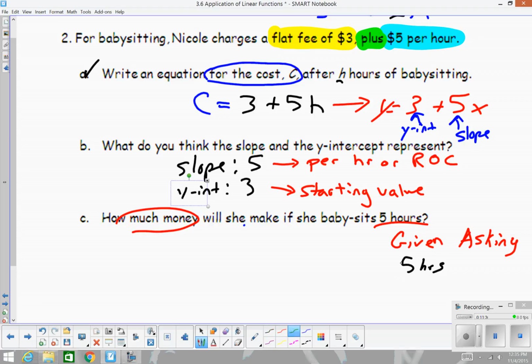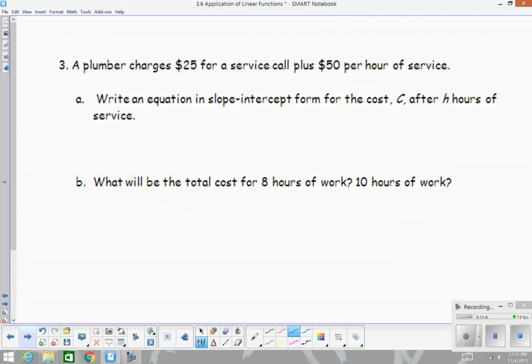What is it asking? How much money? So it's asking for the cost. Now, what I want you to do is solve for C. Call me over. I will check it, and then I want you to try number 3 as a money problem. Good luck.